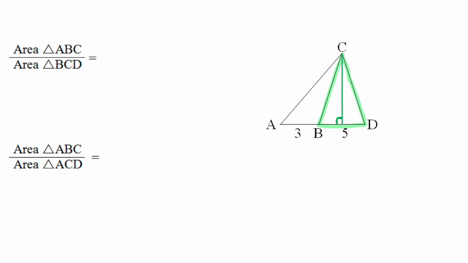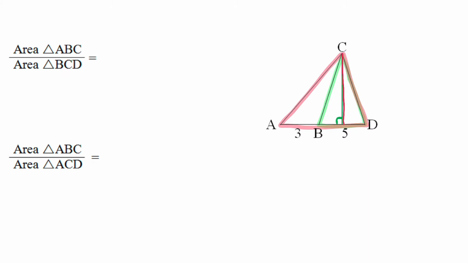Maybe we'll do the biggest triangle in pink. So triangle ACD. Well, if I start from C and I try to draw the height straight down to the base, ignoring everything else, look what just happened. The height ends up being the same segment as the height of the first triangle that we drew.